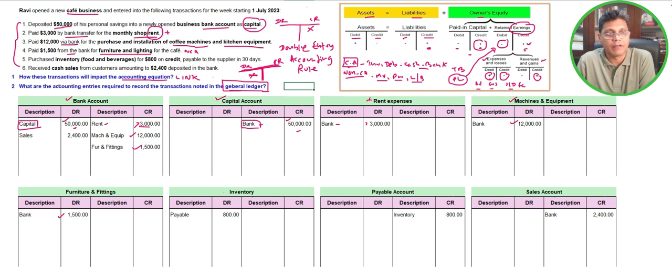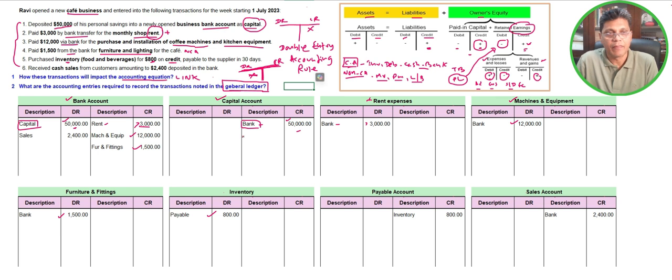Any increase in asset should be debited, any decrease in asset should be credited. The same principle. Then the fifth one, purchased inventory food and beverages for 800 on credit, payable to the supplier in 30 days. Now, to run this business, you need food and beverages. These are inventory items, assets. So he purchased on credit. Increase in assets should be debited, so therefore the inventory account will be debited.